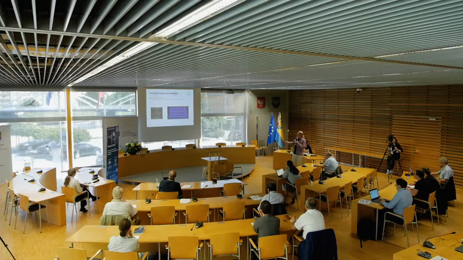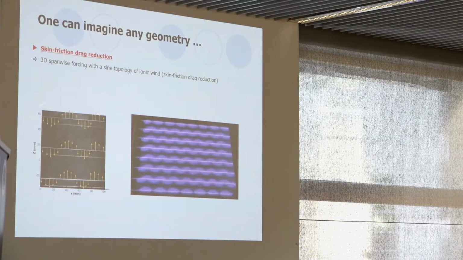We wanted to produce a velocity as highlighted by the yellow arrows here. It was an application for skin friction drag reduction, and it worked well. Now we are working on a plasma grid, meaning that the discharges are inside a hole, for mixing enhancement.